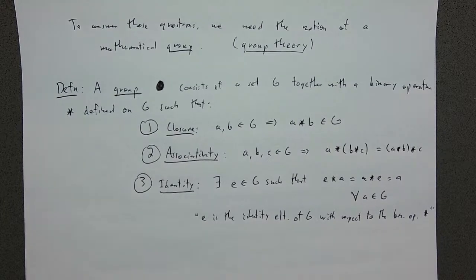This identity element, of course, is acting like 1 for multiplication, or 0 for addition. If you don't quite understand what I said there, then it's fine.